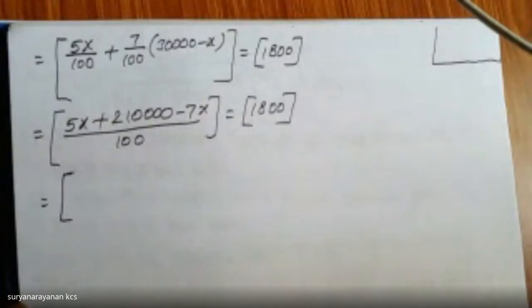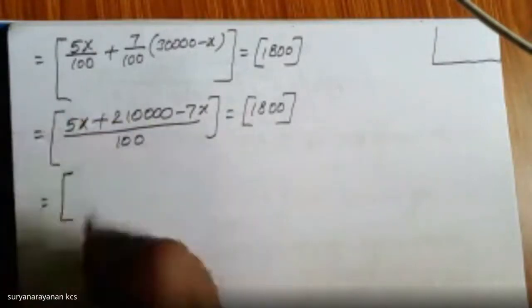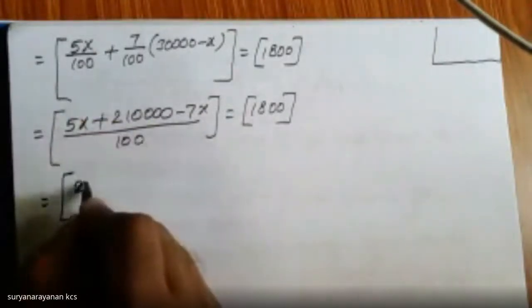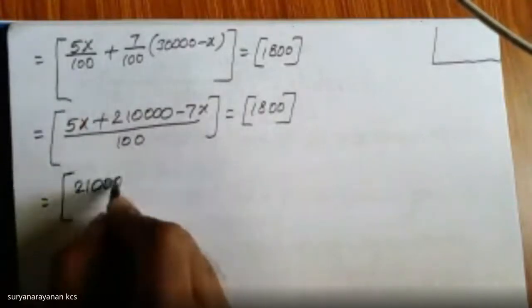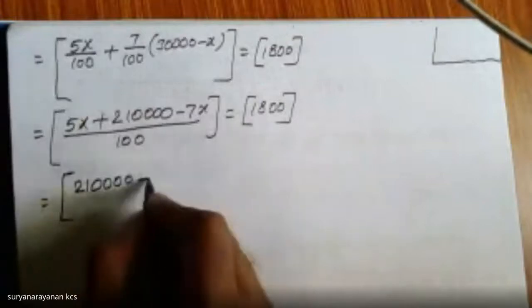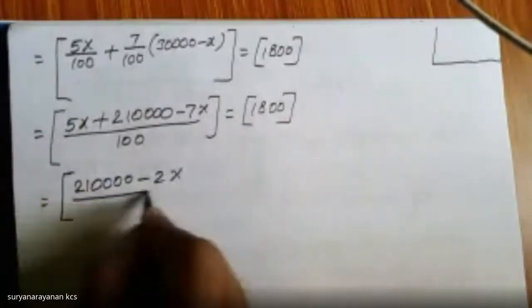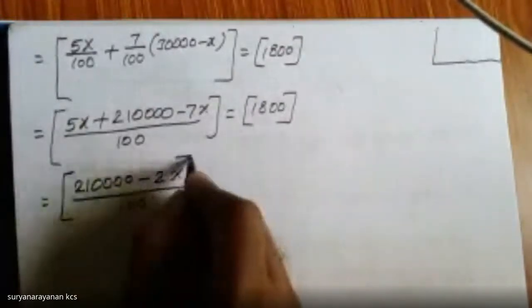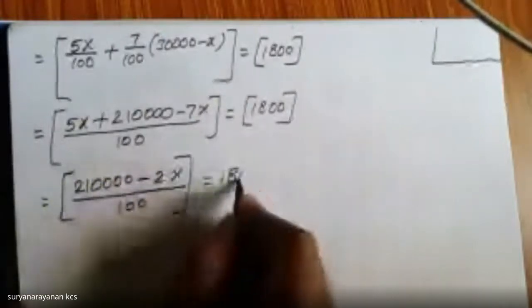What will you get here? 2 lakhs 10,000 minus 2x by 100 is equal to 1800.